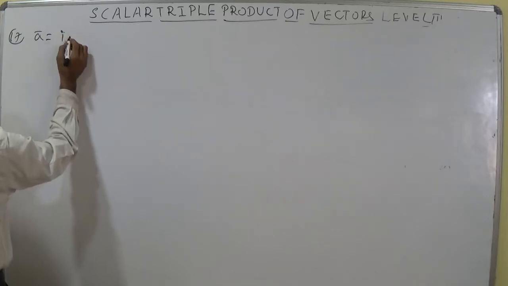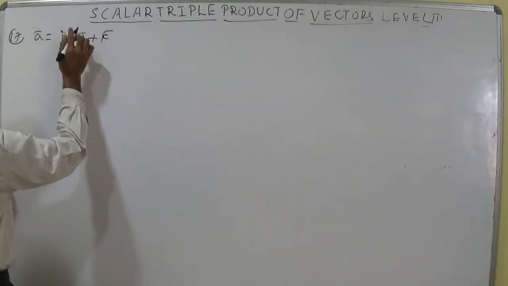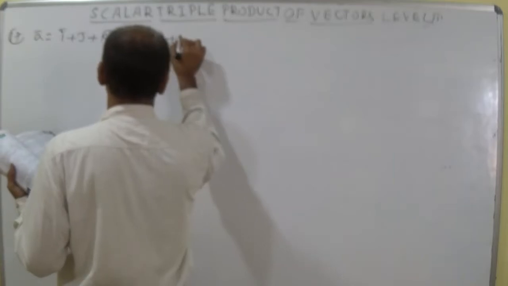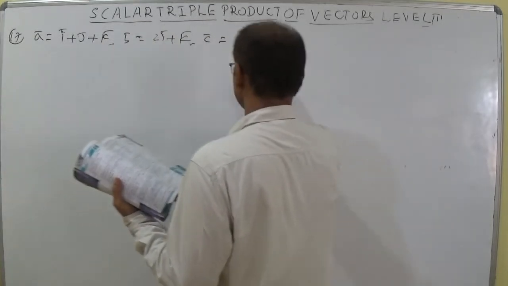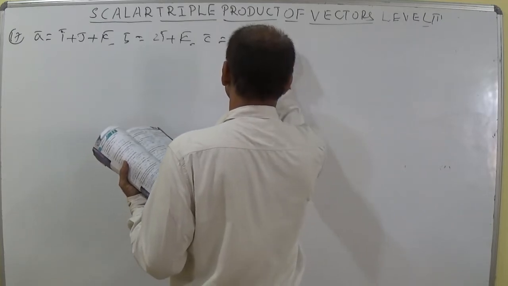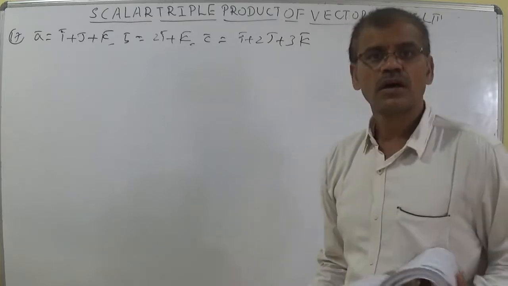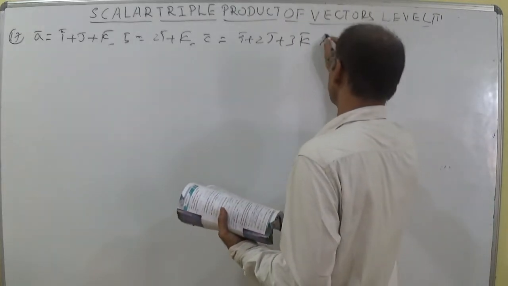B bar is equal to 2I plus K. Next, C bar is equal to I bar plus 2J bar plus 3K bar. Then the ascending order, according to the options. What is the ascending order?